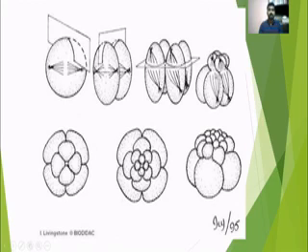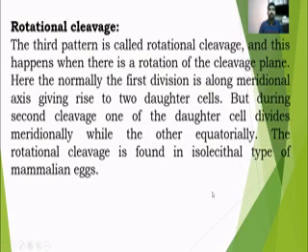This is a spiral. Okay, you can observe such type of division of the cell going on inside of this cycle. Then the rotational cleavage. It is very interesting. The third pattern is called the rotational cleavage, and this happens when there is a rotation of the cleavage plane.